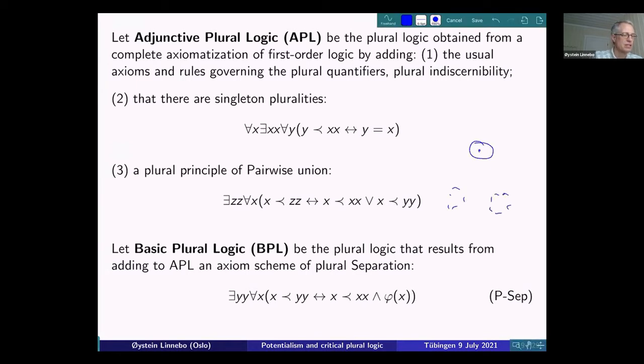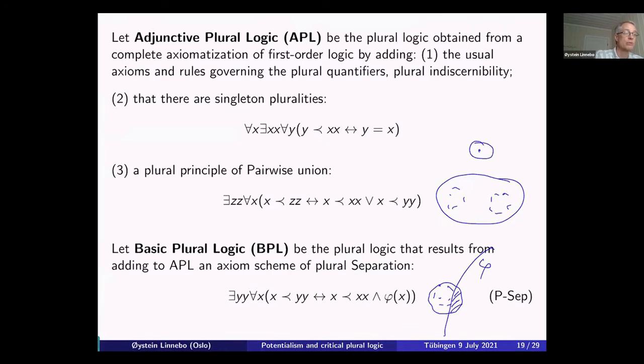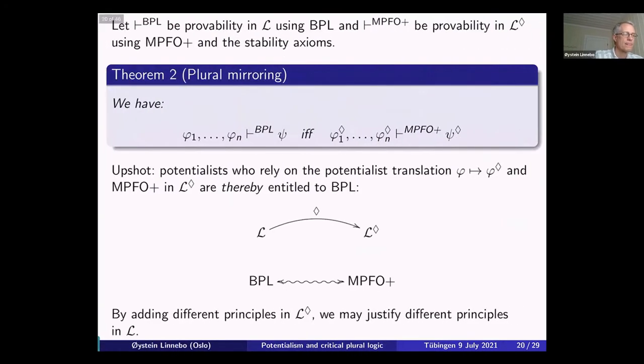Given two pluralities, you can circumscribe the plurality of those two, a kind of union plurality. And then lastly, a plural separation principle. So if you have circumscribed a plurality of a bunch of things, and you have a notion phi, you can use that to select out or separate out the phi's from among the things you have circumscribed. And they are circumscribed in turn.